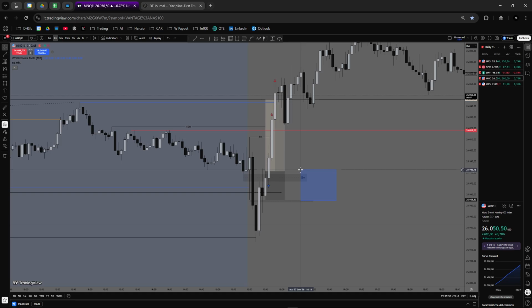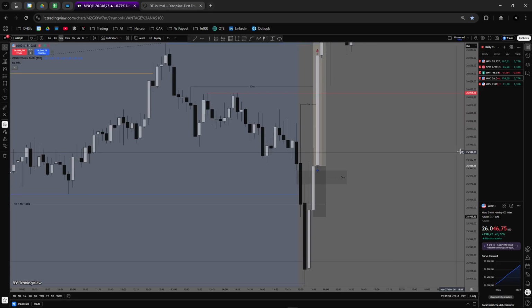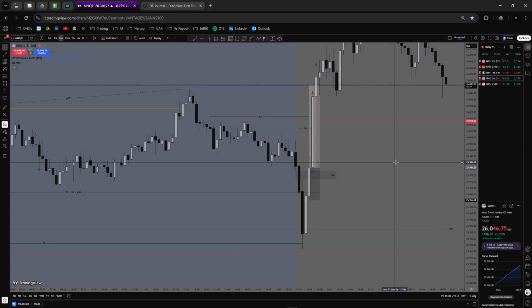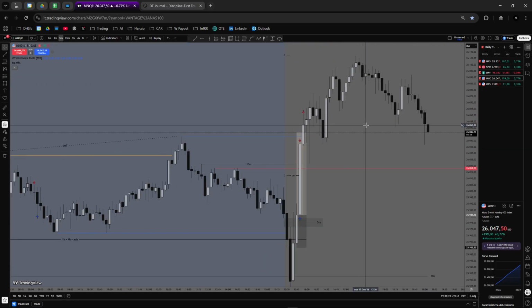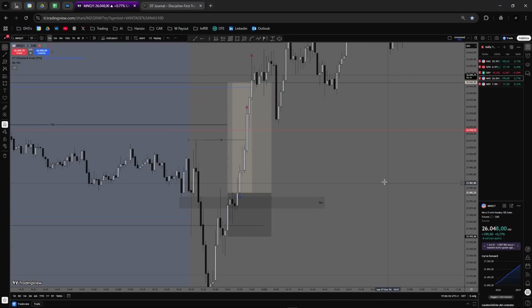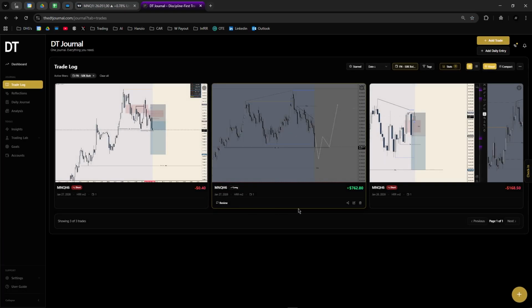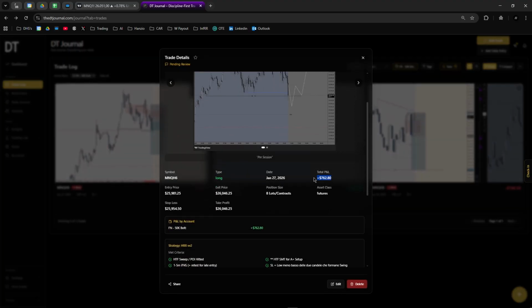And why I took this 5 minute instead of this 3 minute is because the rule is you take the highest time frame inversion on the leg. Okay, so pretty happy with execution today. Was like 5 minute trade, 6 minute trade, and we made 760 bucks.